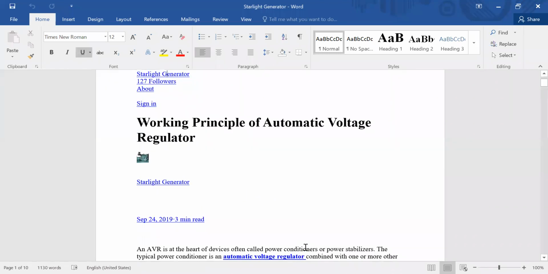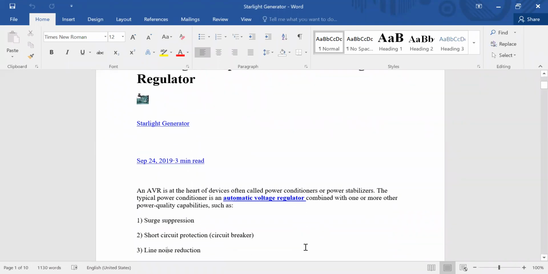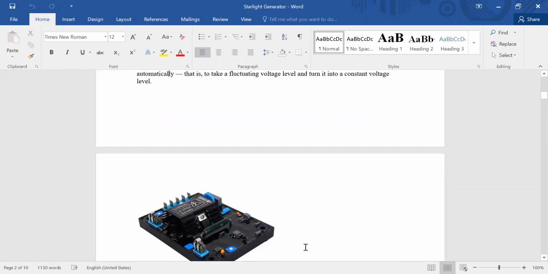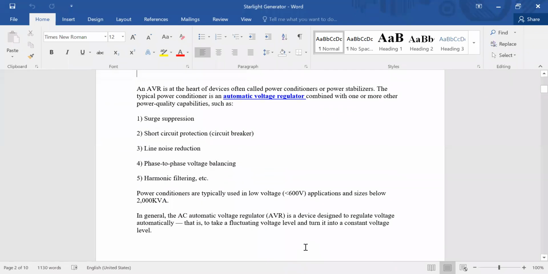What is the principle behind the voltage regulator? The automatic voltage regulator: the name indicates it automatically regulates the voltage. It is the heart of these devices.